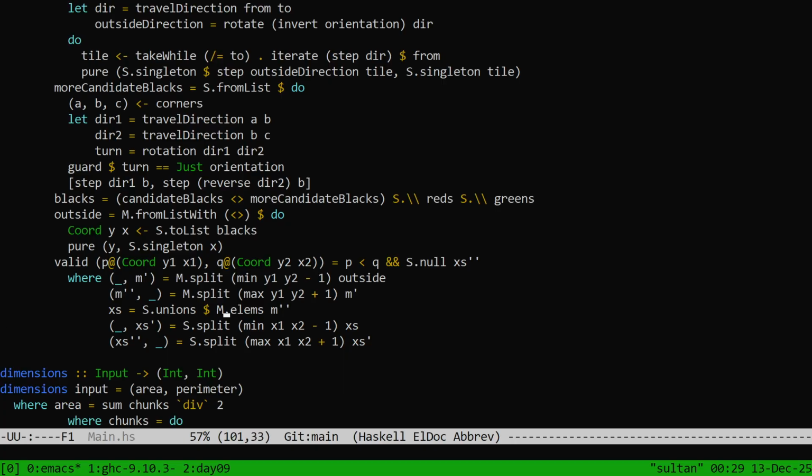So I should trim this. It was simple to say, oh, let's combine all the points that were there. But there could be a lot of X's, I guess.